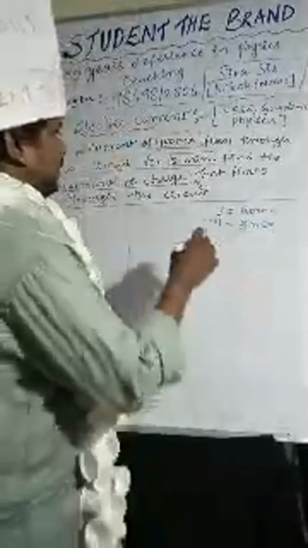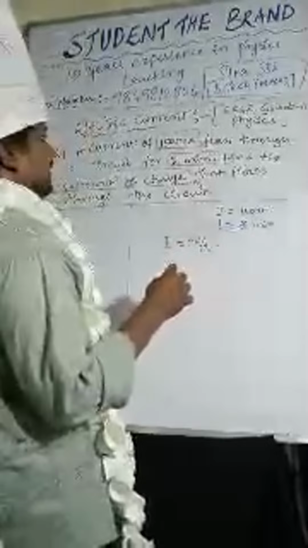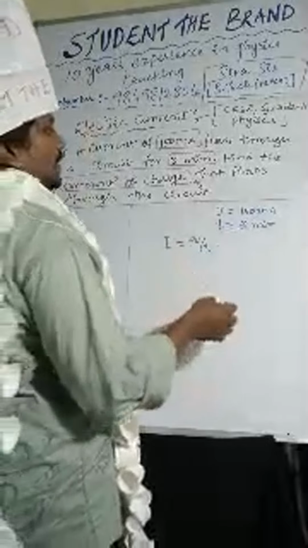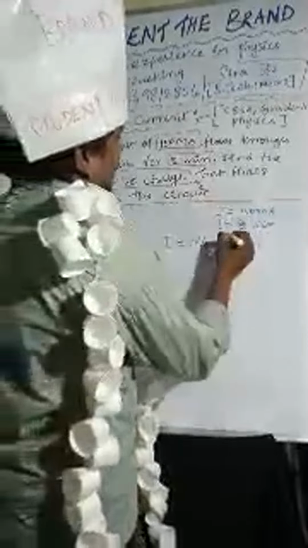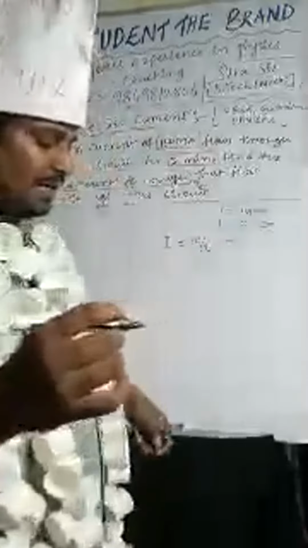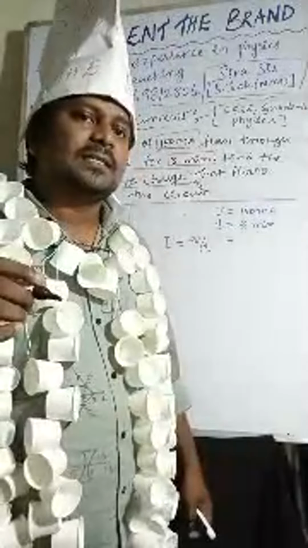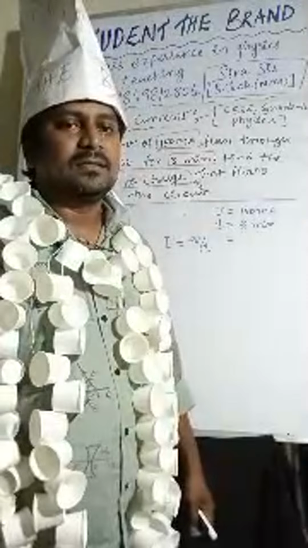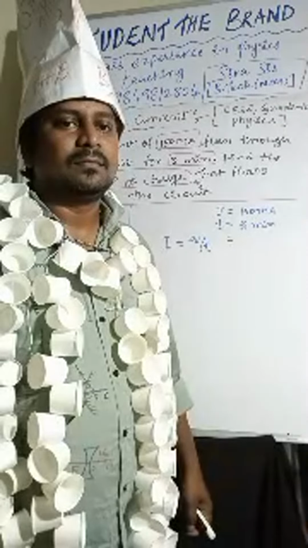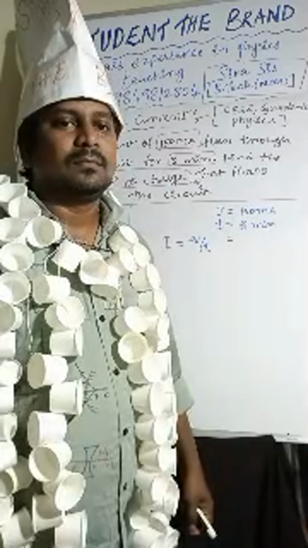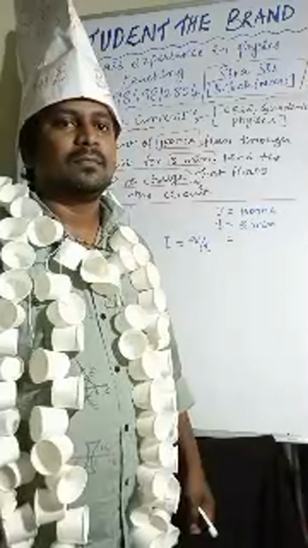So now we can see, we know the formula I equal to Q by T. That flows through the circuit. So 2 minutes they given, right? 2 minutes means how much we can take? 1 minute equal to how many seconds? 60 seconds. Okay?